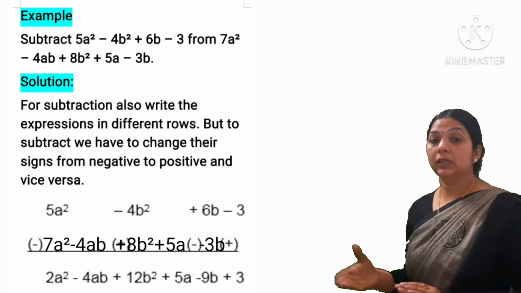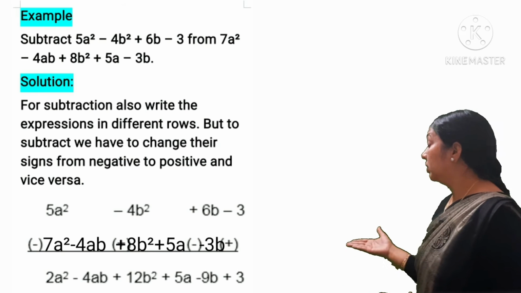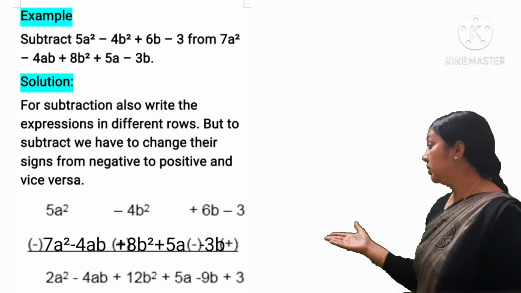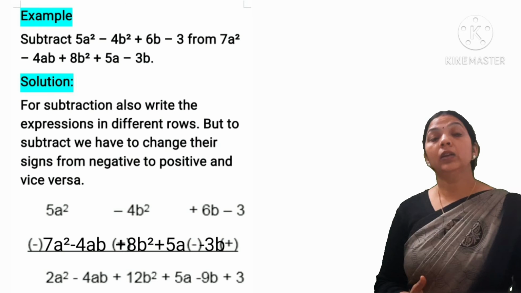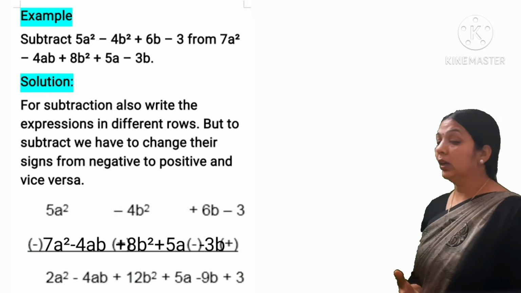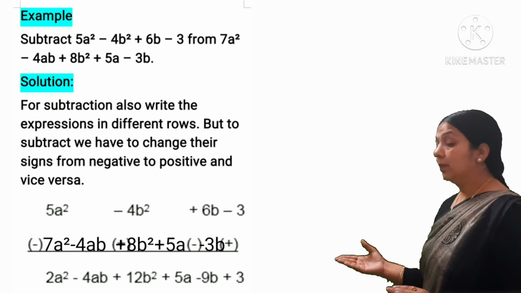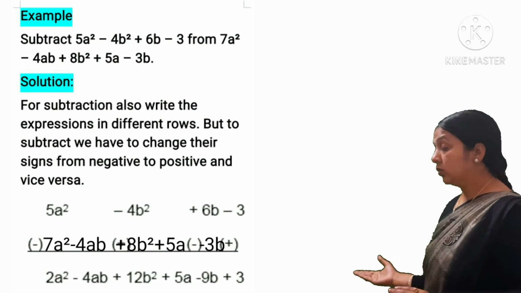Now we will place the like terms in one column and unlike terms separately. So the answer would be minus 2a square plus 4ab minus 12b square minus 5a plus 9b minus 3.